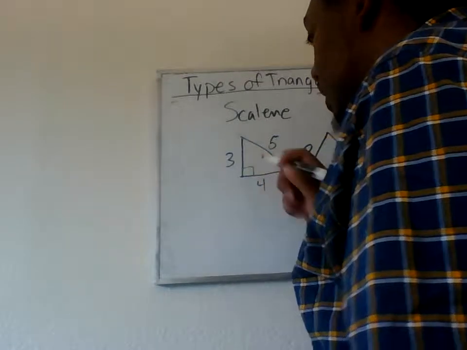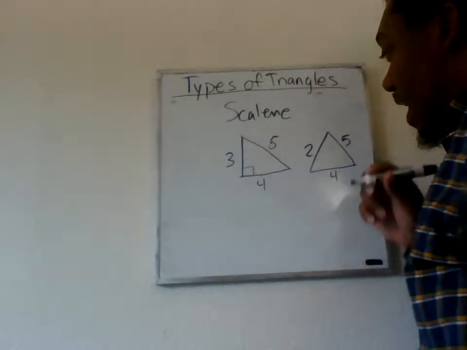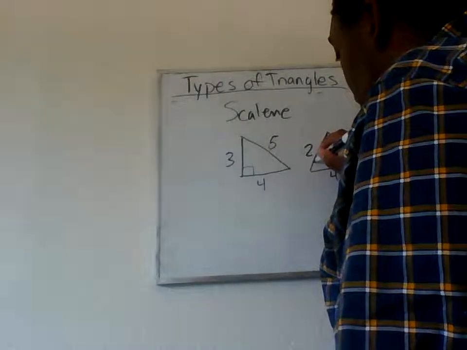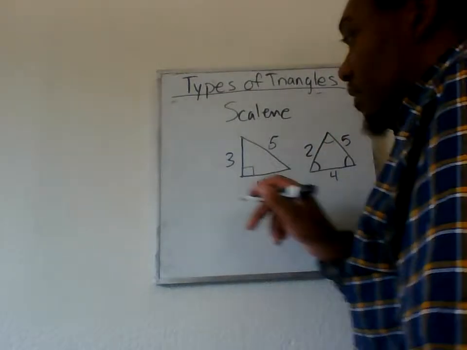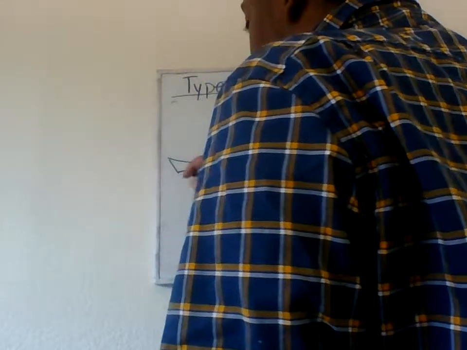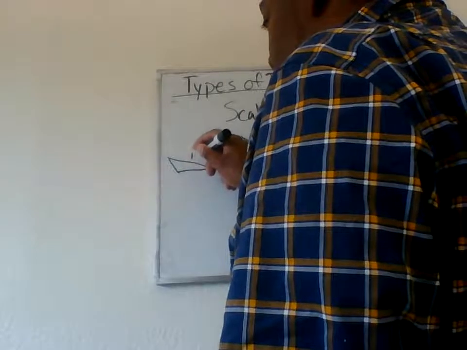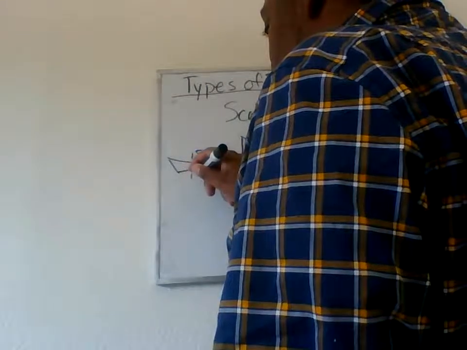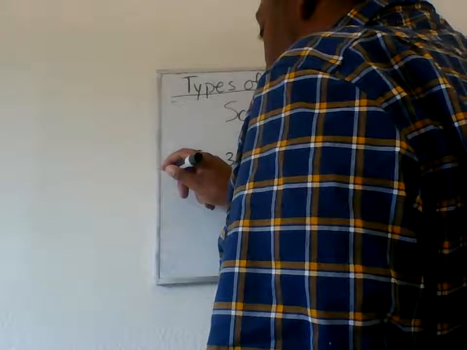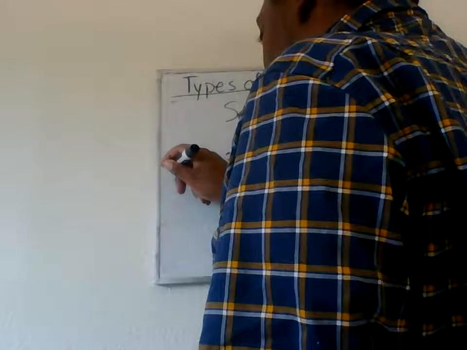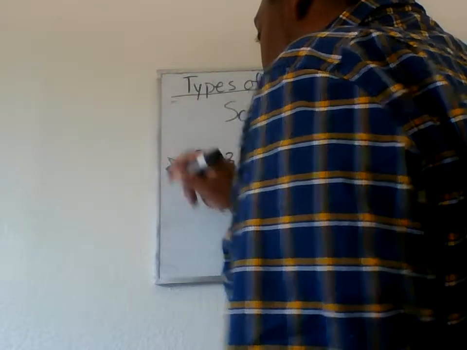So for scalene, though, we could have a scalene right triangle. Actually, this one here would be a scalene right triangle. We could have an acute scalene. We could even do an obtuse one if we wanted. So say that's 18. Let's say that this is 11 and 8.